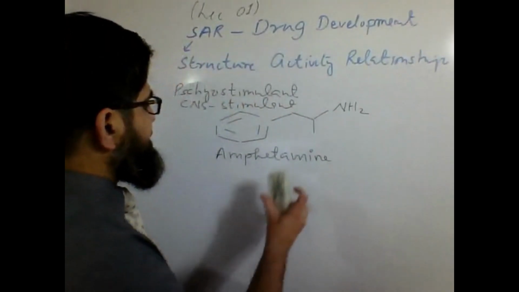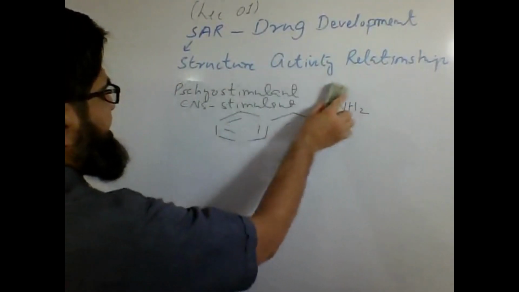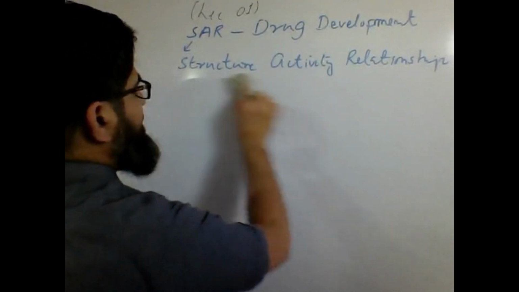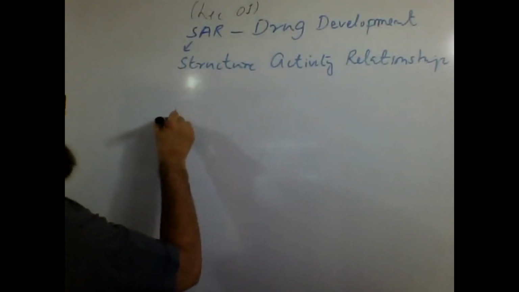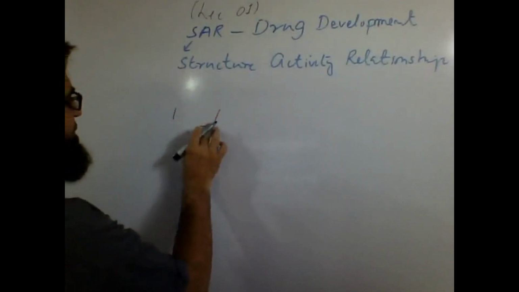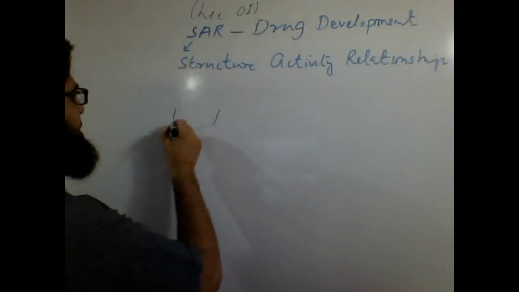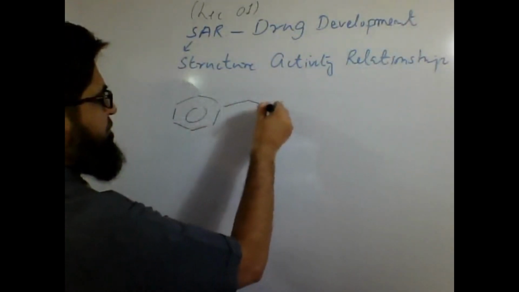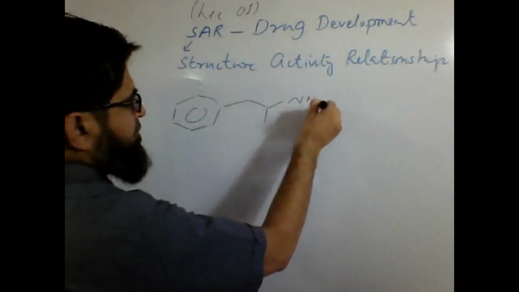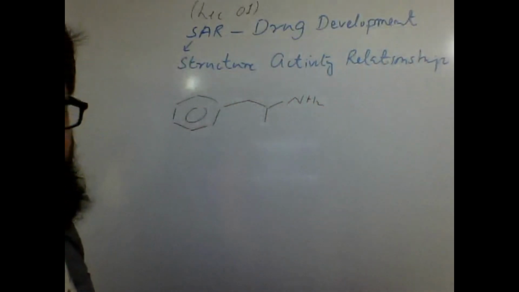I'm just giving you a few examples of what people have done, so you could see how structural changes could give changes in its pharmacological activities. This is the actual molecule I've just shown.